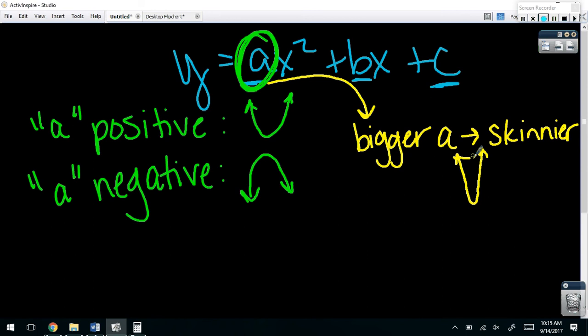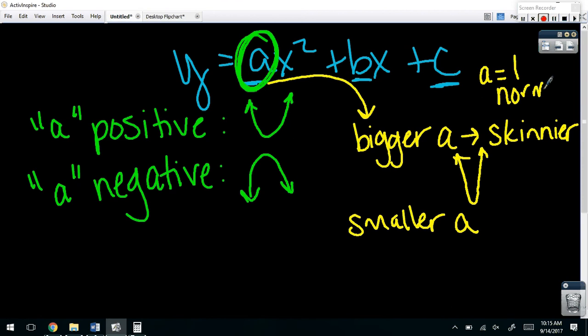But as A gets smaller, now remember, I'm talking smaller, but I'm not talking negative. So what am I talking about whenever I say smaller? If A is 1, we're going to call that a normal graph, an average graph.